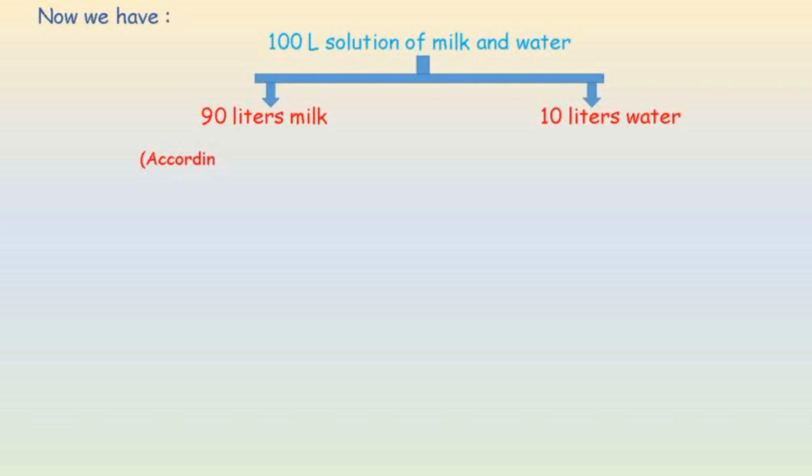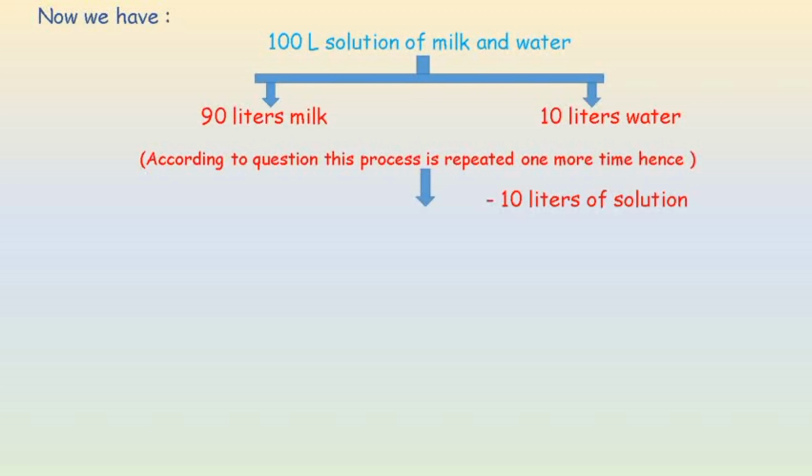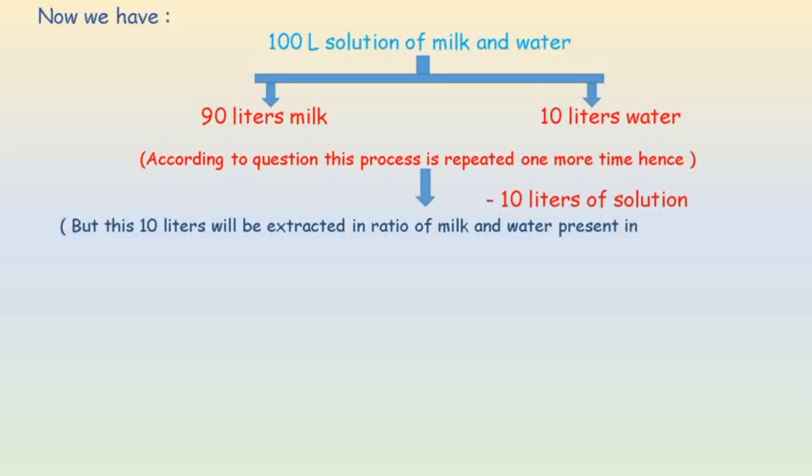According to the question, this process is repeated one more time, hence minus 10 liters of solution, but this 10 liters will be extracted in a ratio of milk and water present in solution, hence minus 9 liters and minus 1 liter from milk and water respectively.